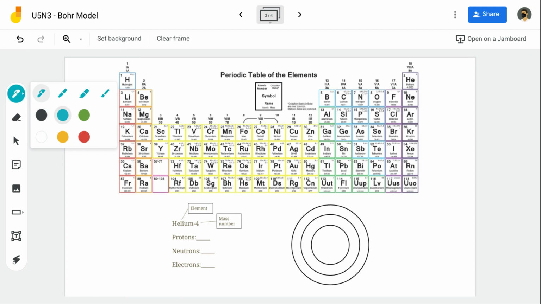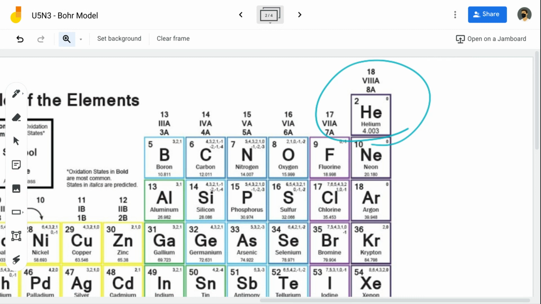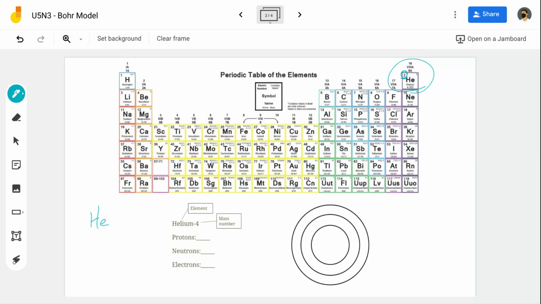Here we have a helium atom with a mass number of 4, and so we need to first determine how many protons, neutrons, and electrons are in the helium atom. If we go and find helium, which has a symbol of He, that's in the top right-hand corner of our periodic table, and the atomic number at the top of that cell, which is 2, tells us how many protons are in the helium atom.